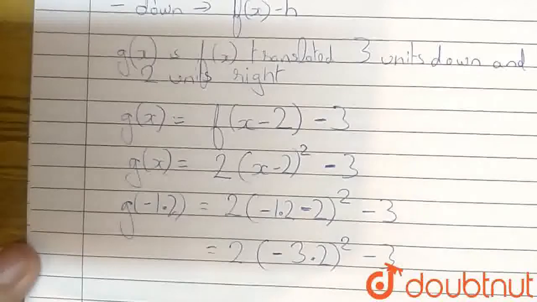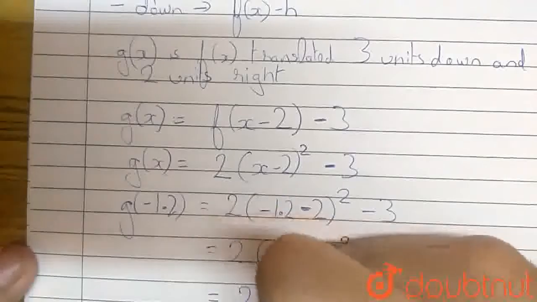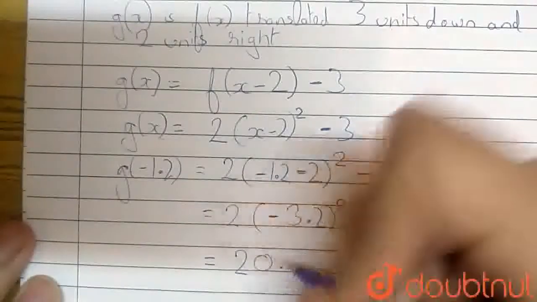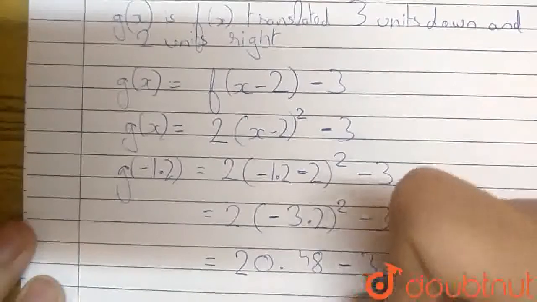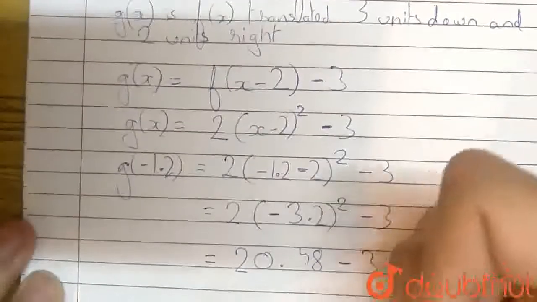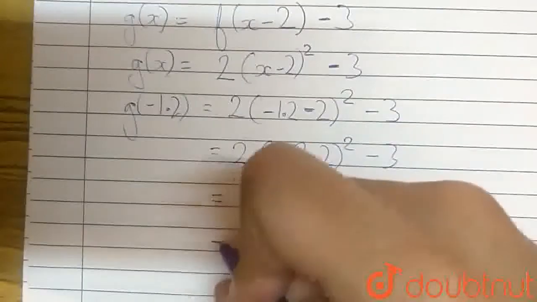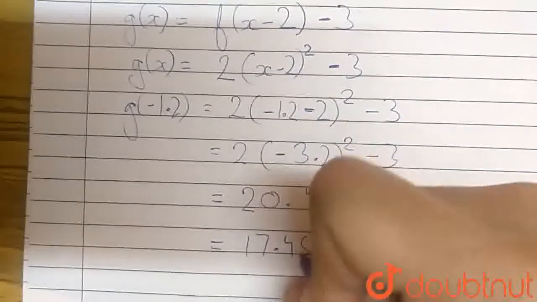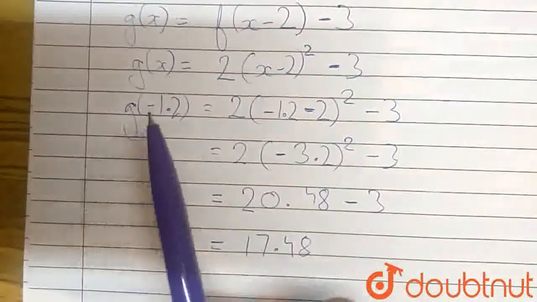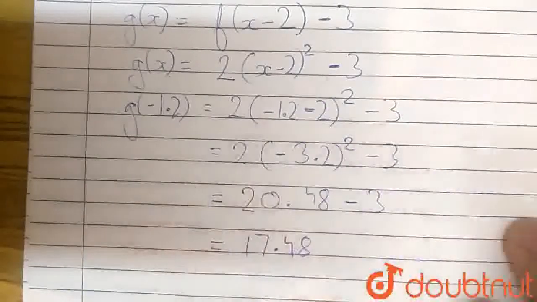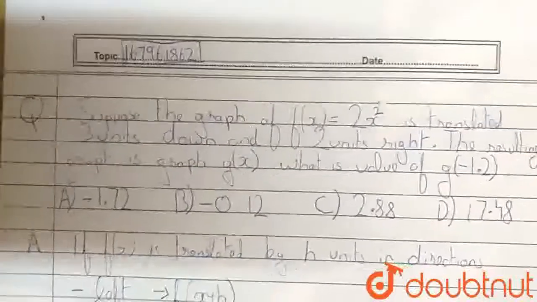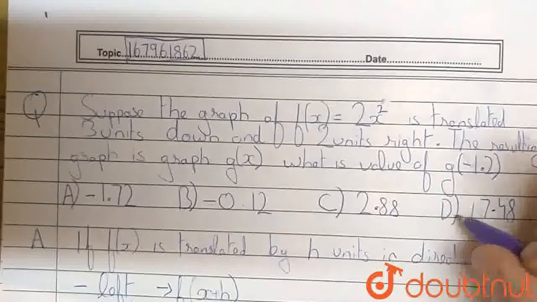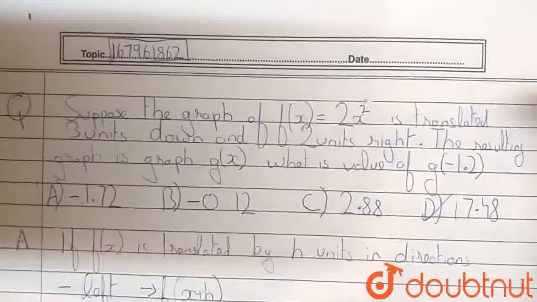If we calculate this, we will get 20.48 minus 3, which is nothing but 17.48. So g of minus 1.2 is equal to 17.48. That is option D, and we will select that answer.